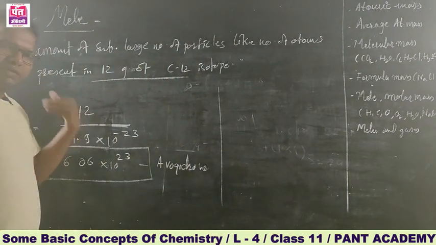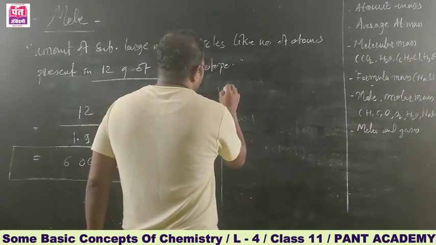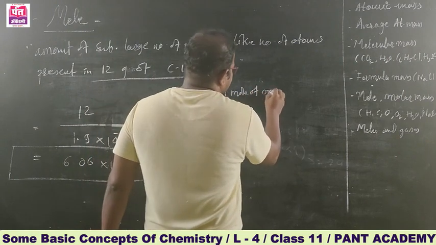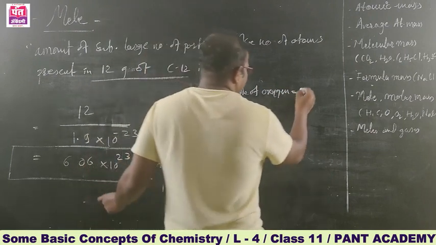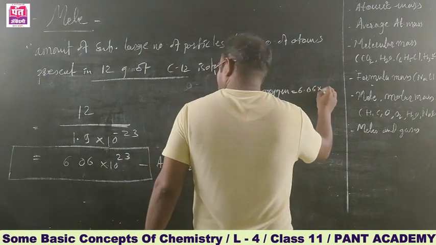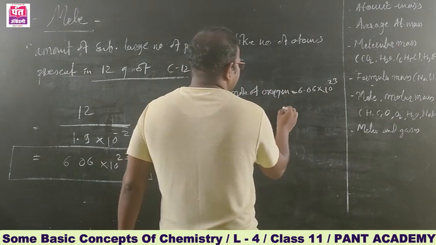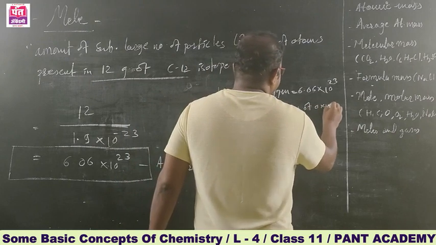म्हणजे कोणत्याही गॅस किंवा कोणत्याही सबस्टन्स, समजा 1 मोल ऑफ ऑक्सिजन is equal to this thing, 6.06 into 10 raised to 23 atoms of oxygen.